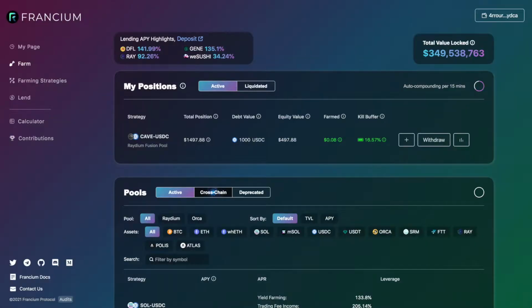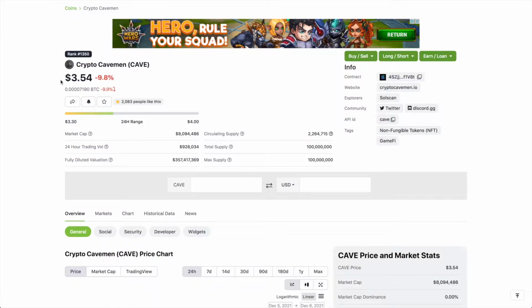But when that happens, the position is entered at a certain ratio, right? So if we pull up Cave on CoinGecko, you can see Cave is trading at 3.51. So it would be 3.51 US dollars per one Cave, right? So that's the ratio I deposited at when I put money into this pool.